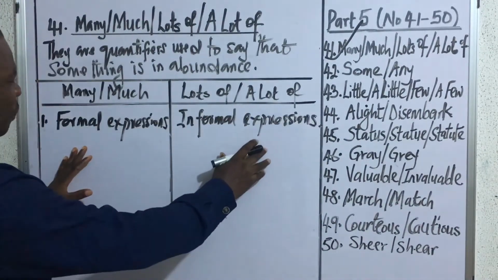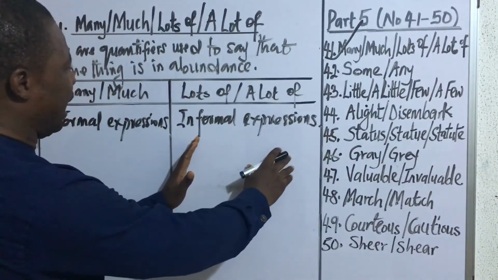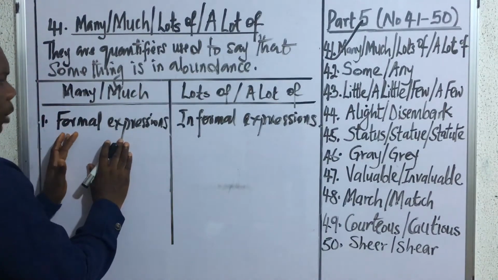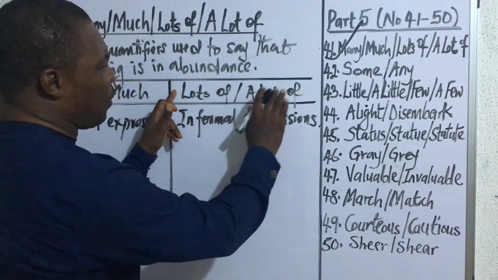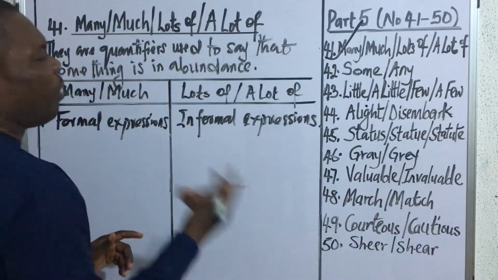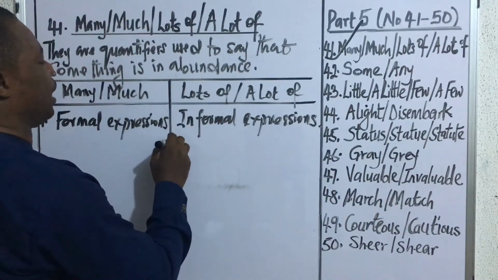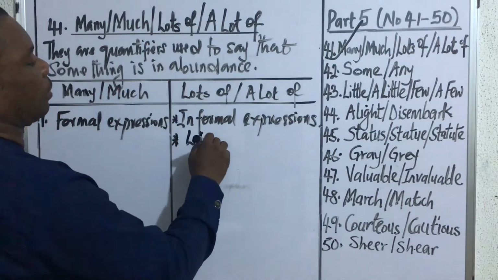Now, apart from the fact that lots of and a lot of are the informal varieties of many and much, these words again, that is lots of and a lot of, one of them is more informal than the other, and that one is what? Lots of. All right, so we can again establish that lots of is the more informal.